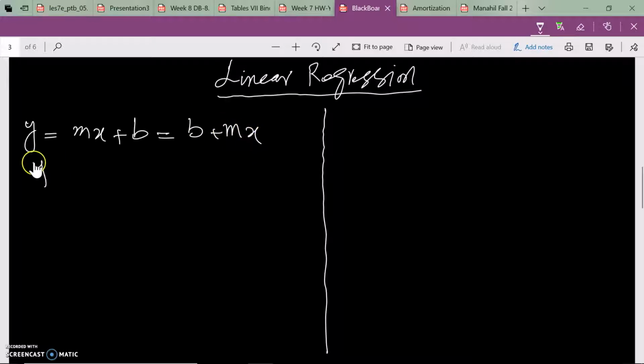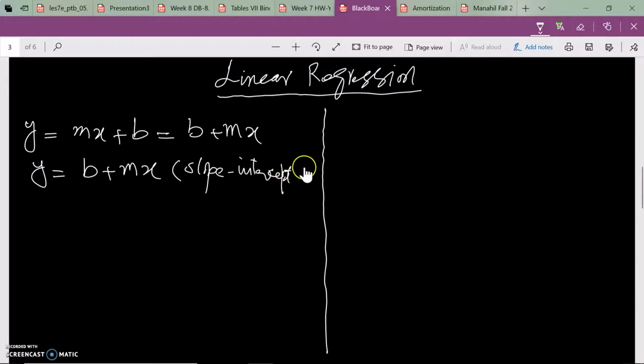So we have y equals b plus mx. This is called the equation of a straight line in slope-intercept form.